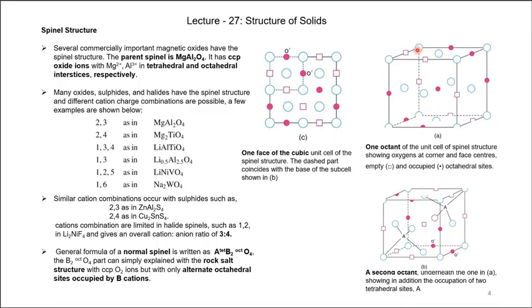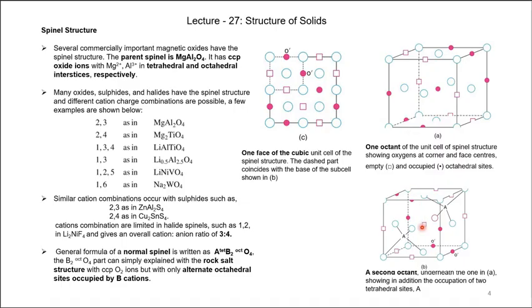We'll see the diagram here: oxide ion in the corner, and then we also have empty octahedral sites, and this closed one is occupied octahedral sites. We do remember we are talking about 1 octant of the unit cell of the spinel structure.